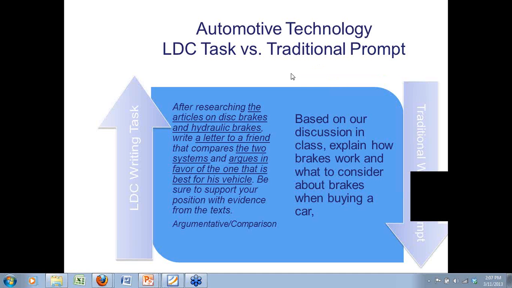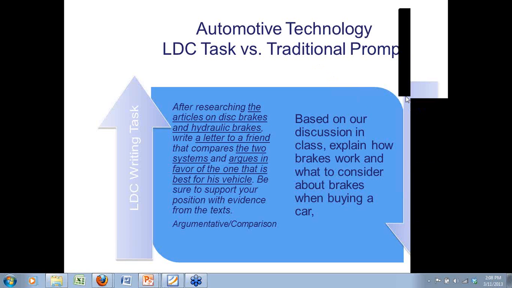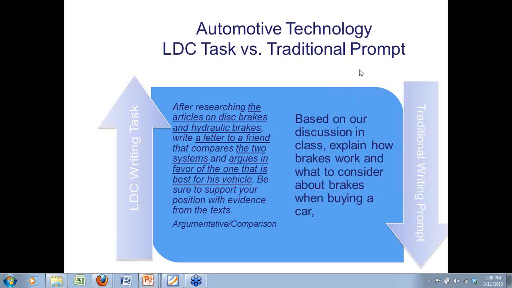And I wanted to just make one quick note of this: you may say, well, this is a webinar about math and CTE, and it is. So I want to bring your attention to, on the left side, the last sentence, not underlined, it says, be sure to support your position with evidence from the text. And I think if the students are asked to justify, that can include their math thinking.